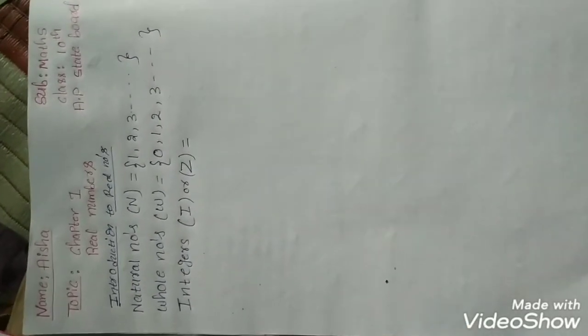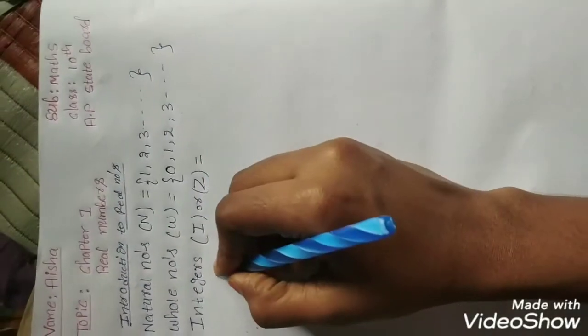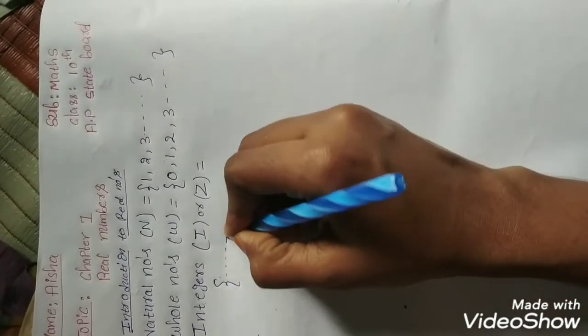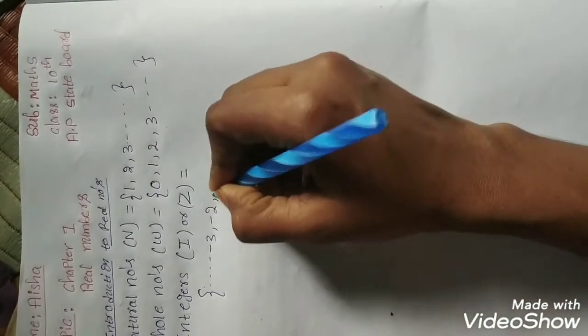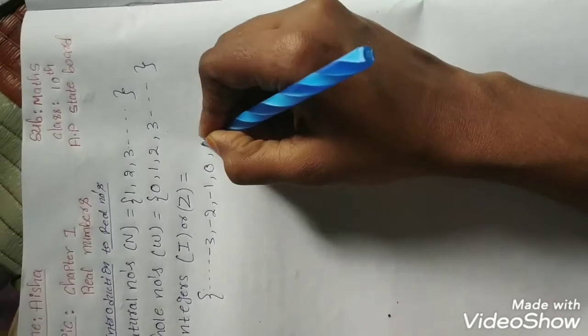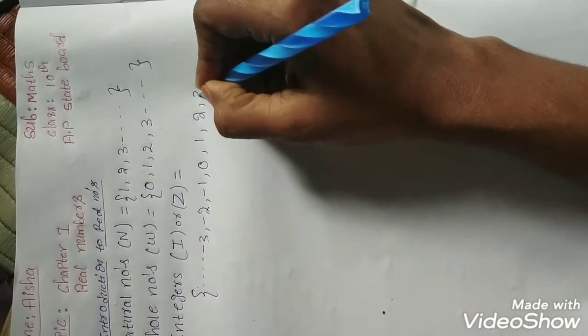Integers are positive numbers and negative numbers along with zero, that is called integers. So it is also uncountable numbers. So let's see how we can write the integers: -3, -2, -1, 0, 1, 2, 3 and so on. Those are integers.